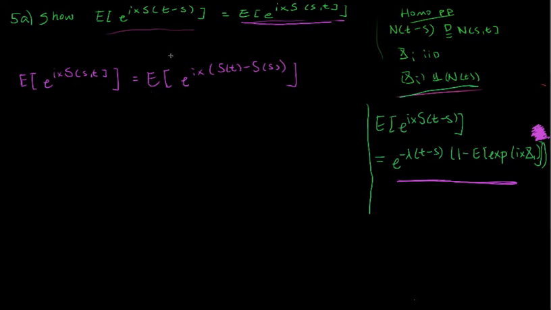And that is equal to the mean of e to the ix, and then I have the sum, and now I'll add from j equals N(s) plus 1, so I've removed the N(s) first terms because I subtracted S(s), up to N(t) of Xi.